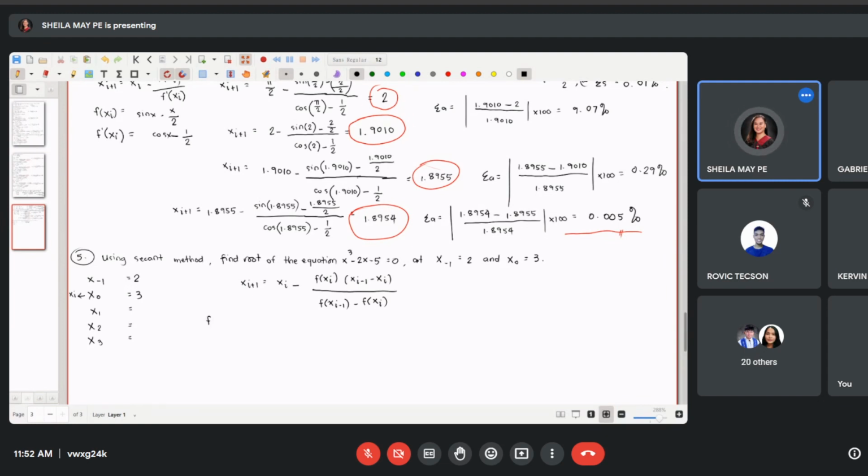So function of x sub i minus 1 equals x cubed minus 2x minus 5. So that's 2 cubed minus 2 times 2 minus 5.